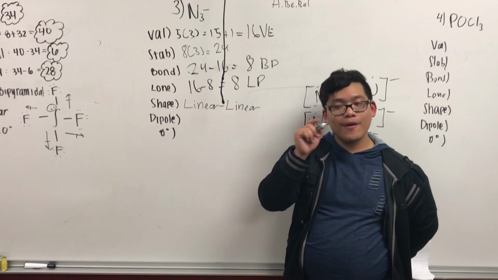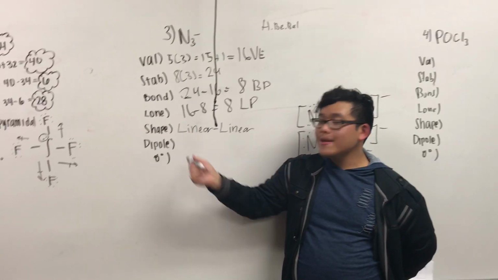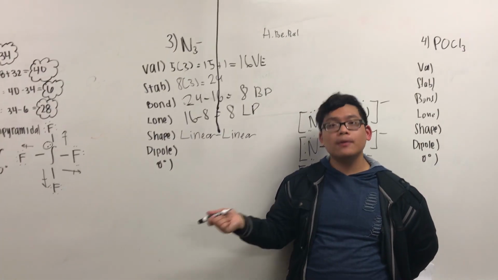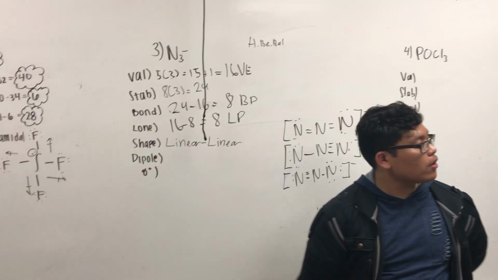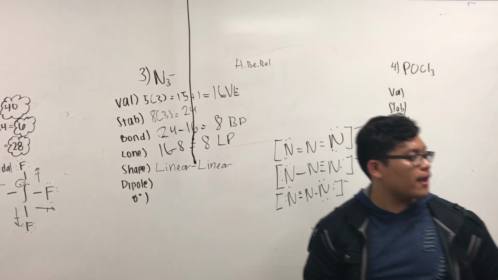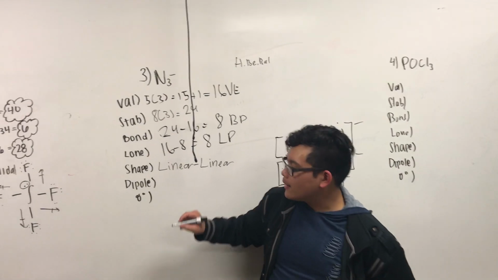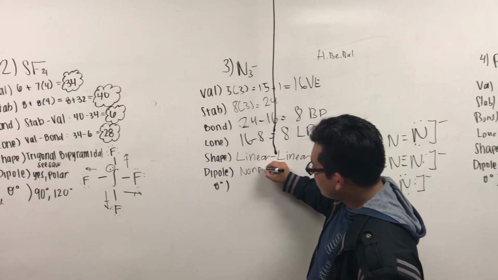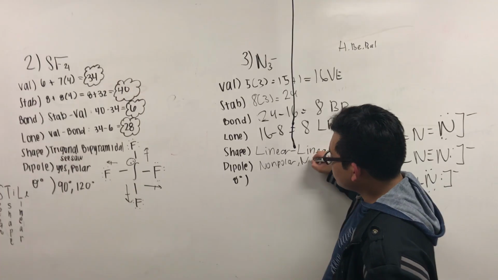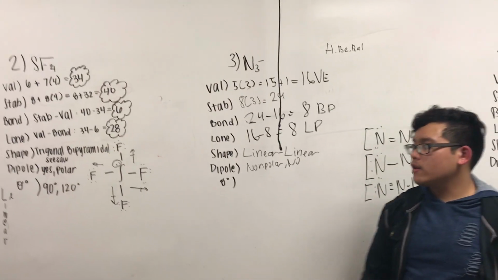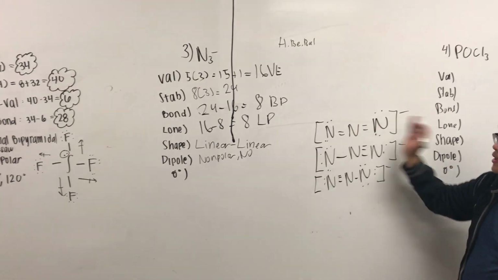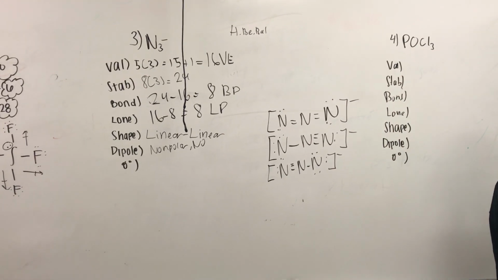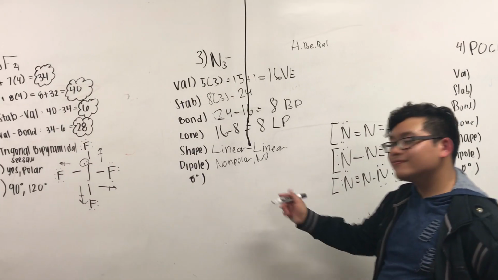To reiterate, when your shape is linear or planar, like trigonal planar, it's automatically non-polar, meaning no dipole. The reason is that all electrons are stuck. There's nowhere else to go. And what degree is it? 180.